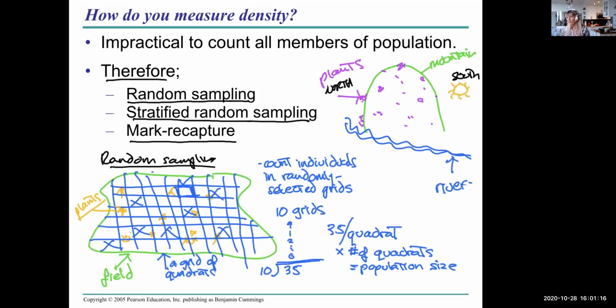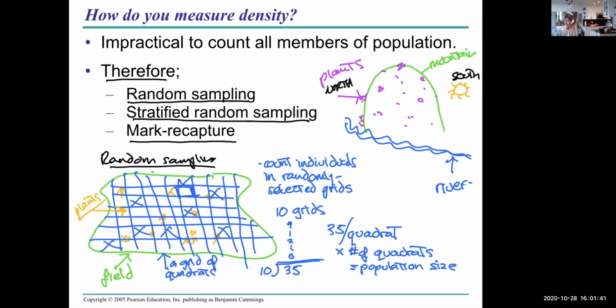So if we placed a grid on the entire mountain and did random sampling the way we did with the field, it wouldn't work because there are likely to be more of these types of plants or less, depending on whether it's a shade tolerant or not kind of plant on the south side or the north side.